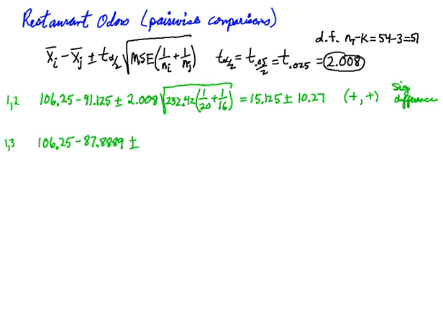And then I'm going to add on my margin of error. Now it's too bad that the sample sizes are different, because if they were the same, it would be exactly the same margin of error, 10.27. But because the sample sizes are different, that's going to change this a little bit. So 1 over 20, but now 1 over 18.